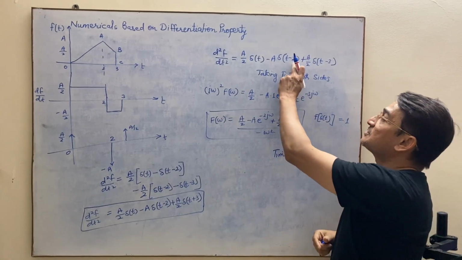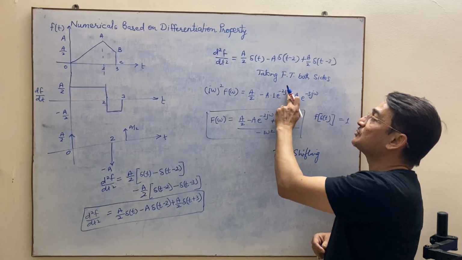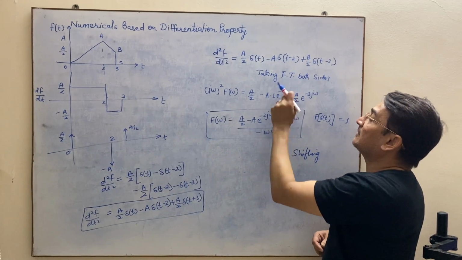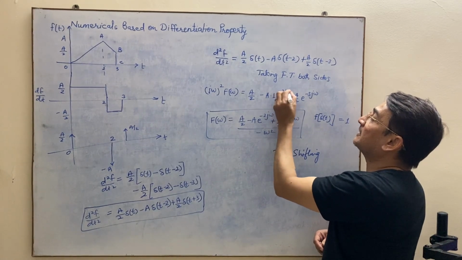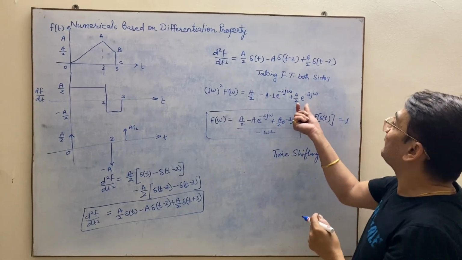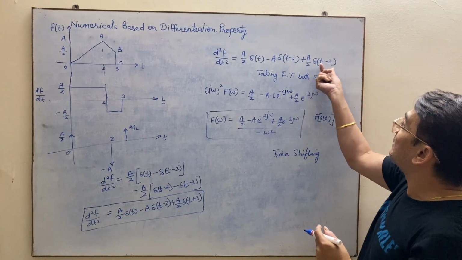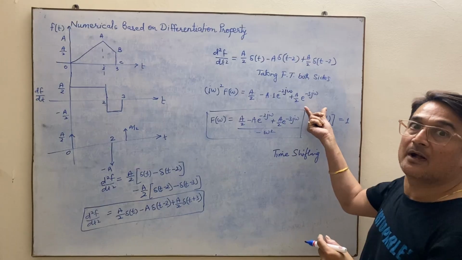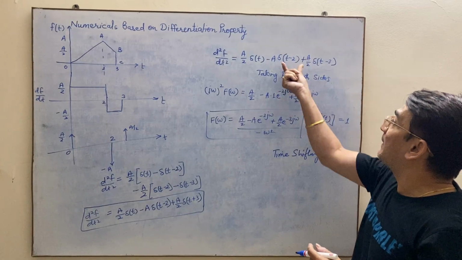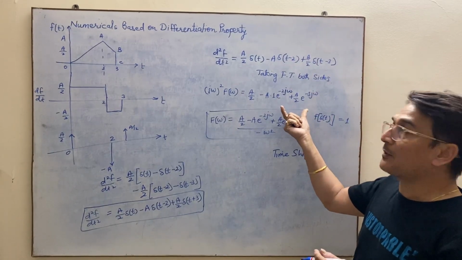That means for 2 it is e to the power minus 2j omega, and then plus a by 2 e to the power minus 3j omega. This is by applying the time shifting property.